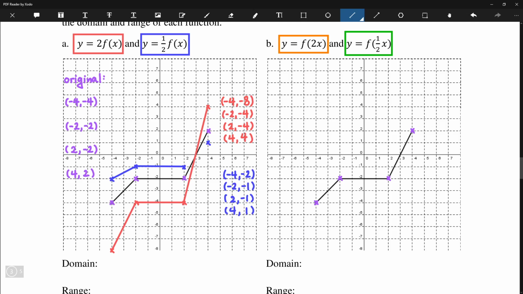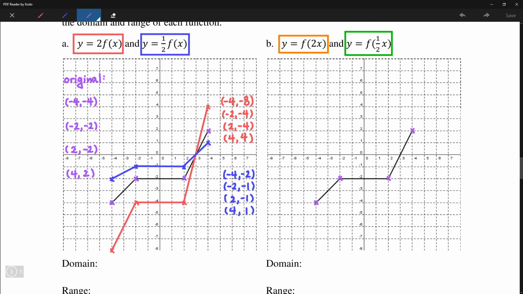As we might expect, the x values don't change, only the y values did. The blue graph looks like it's compressed closer to the x-axis. So that will be a vertical stretch by 1/2, a vertical stretch by a factor that's greater than 0 but less than 1.